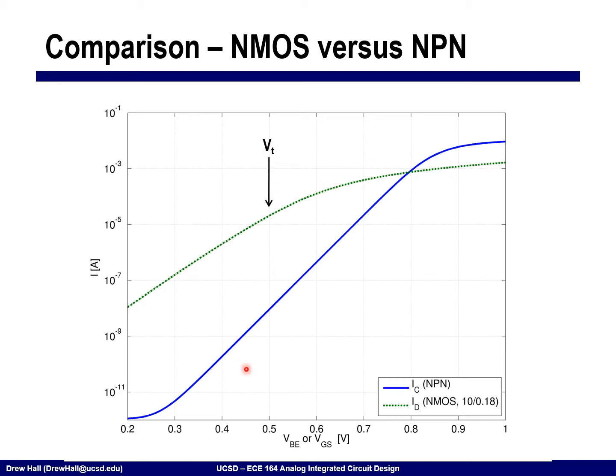So before VT, it's very similar to the bipolar device. After VT, it flattens out quite a bit. The BJT, this is what's called low-level injection, and this is high-level injection for the different device. And so that's why it tapers off at the ends as well.